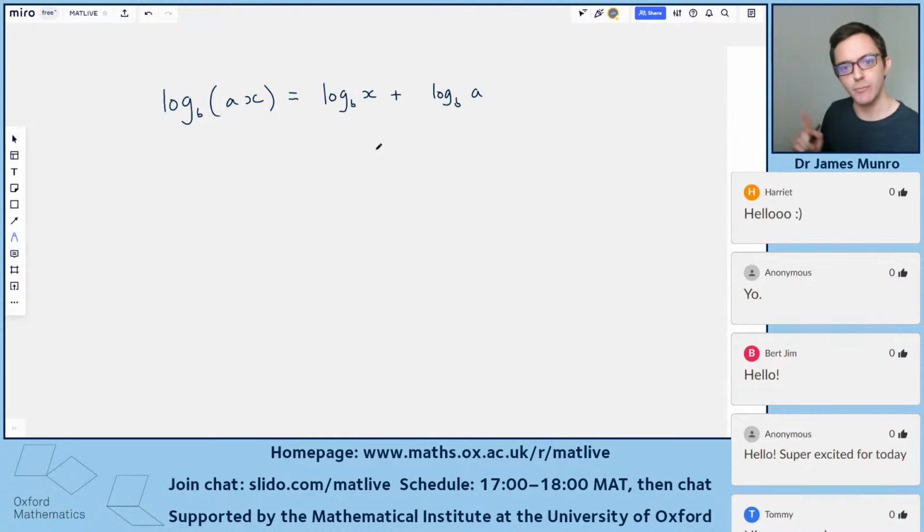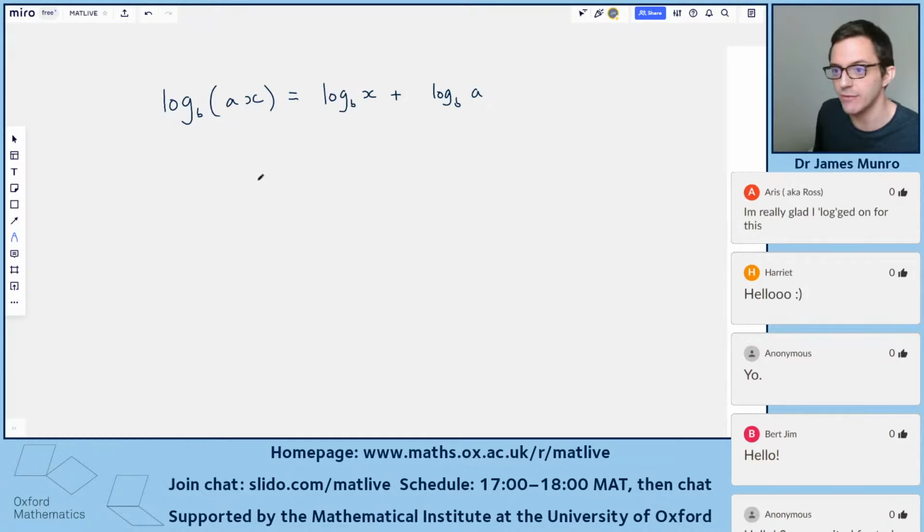So I've been thinking about graph transformations a little bit. We had an episode last week about graphs and transformations. You could think of this on the left as a stretch of the graph of log x parallel to the x direction, and this thing on the right as a translation of the graph of log x up and down in the y direction.